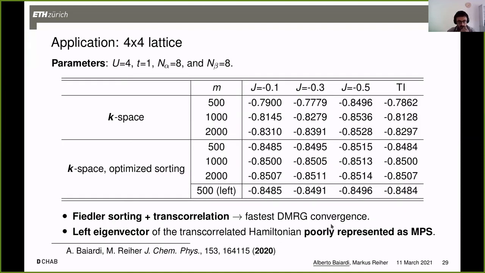And just some final results: as you see here, if we apply DMRG to the transcorrelated Hamiltonian and combine this with an optimized orbital sorting obtained with the Fiedler sorting, the convergence of DMRG with the bond dimension is in fact much faster, because with m equal 500 we can get basically a converged energy which could not be obtained with standard DMRG with m equal 2000.